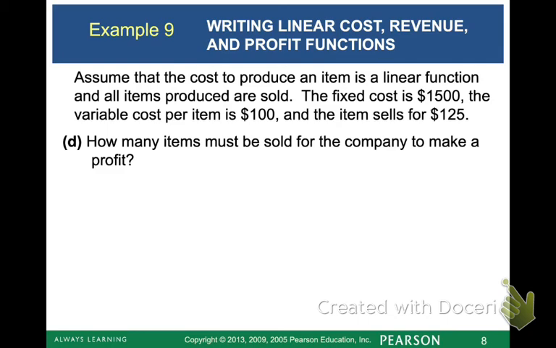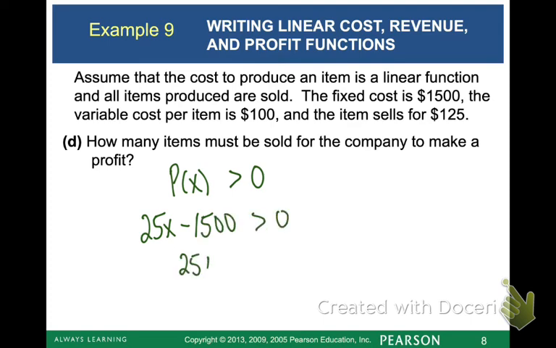So what we're looking for is our profit to be greater than 0, right? If I want to make money, if I want to make a profit, then my profit function needs to be greater than 0. I'm not going to put or equal to because it specifically says I want to make a profit. I don't want to just break even. So put our profit function greater than 0, and now we're just going to solve this for x.